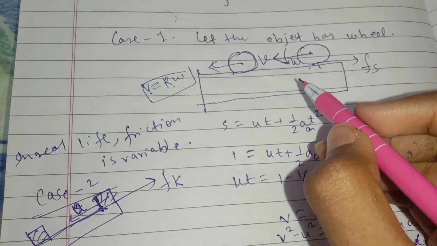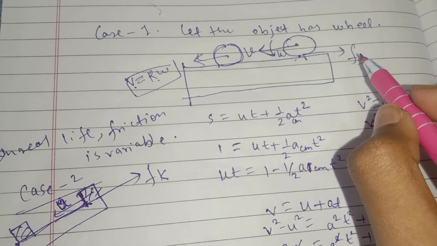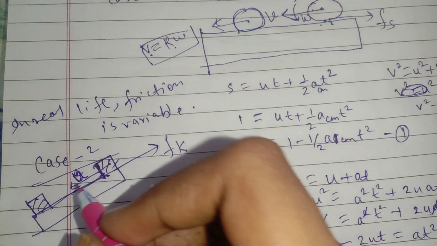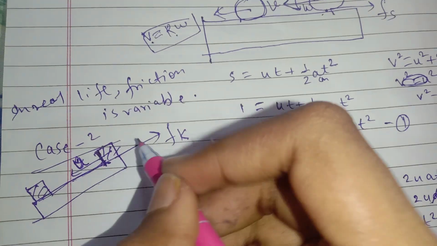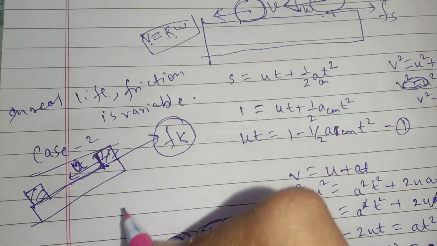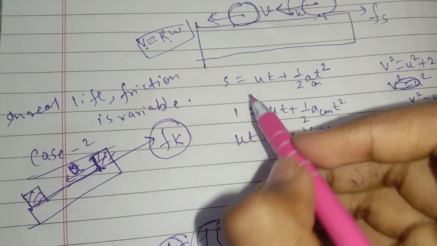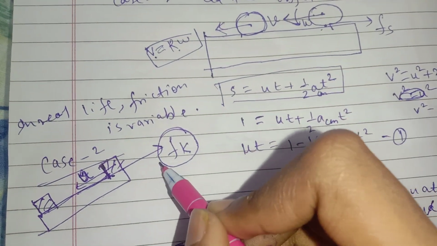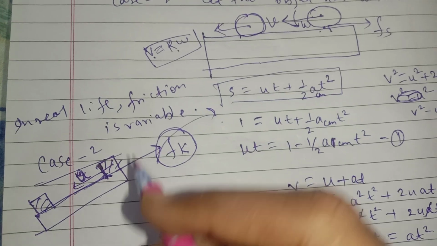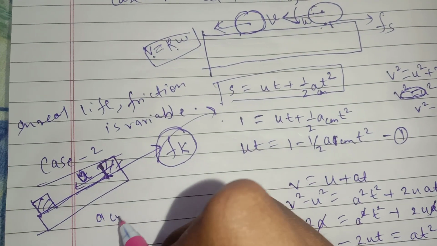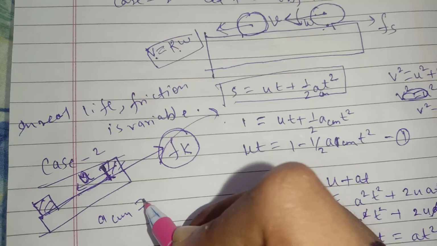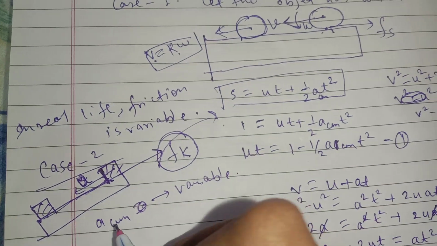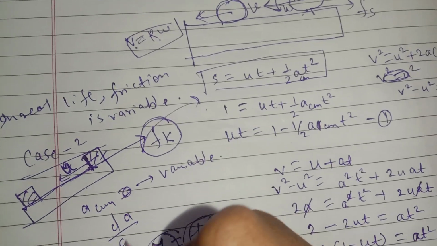We know that friction always opposes relative motion. So in this question the friction will be variable, so we will not be able to use the equation of motion here. That means the acceleration of the center of mass will be variable, that is, acceleration is changing with time.